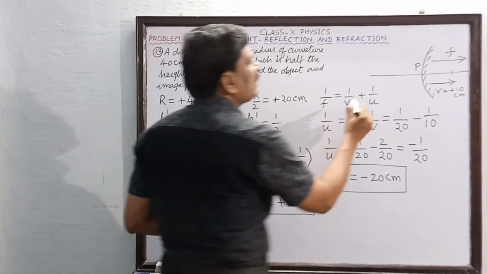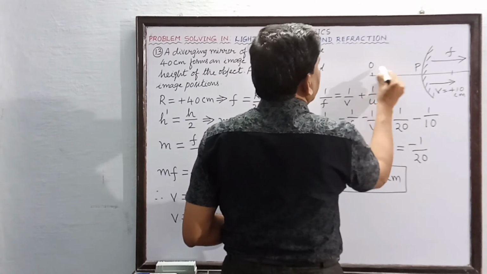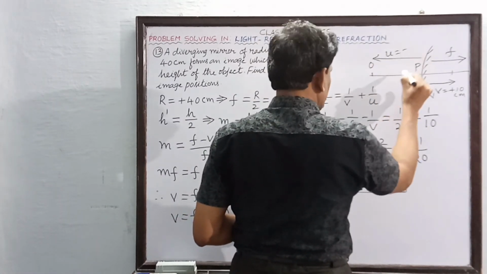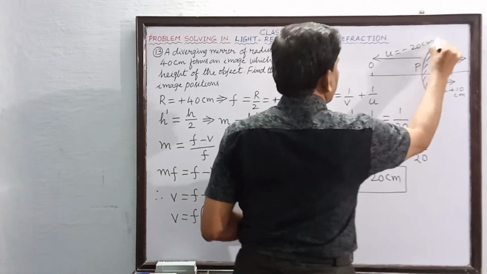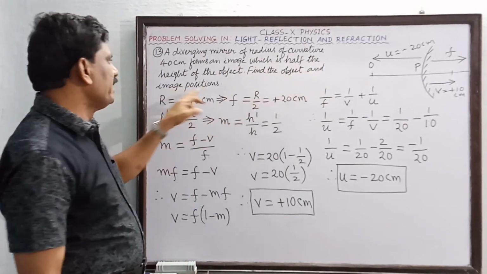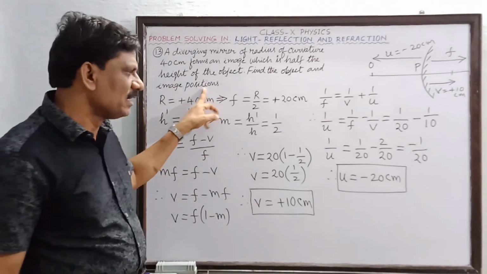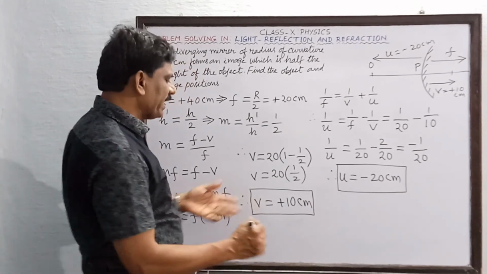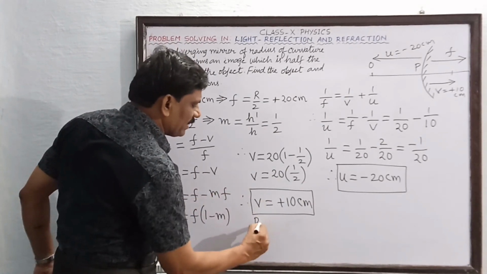So this is the object distance. So that object distance is what? Here is the object. So we are measuring the distance u. So this is equal to how much? Minus 20 centimeter. Okay students? So find the object and the image positions. So that object is in front of the mirror and v is behind the mirror. V means what? It is positive, no?